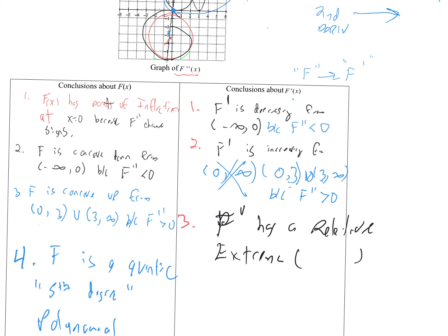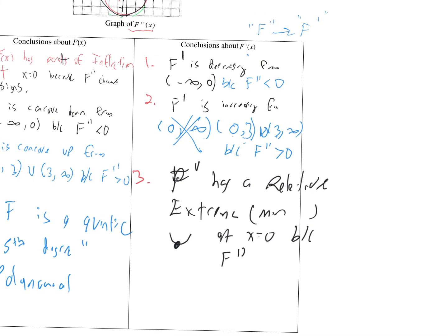If it went from less than 0 to greater than 0, it's a max or min. A minimum at x is 0 because f double prime went from less than 0 to greater than 0.